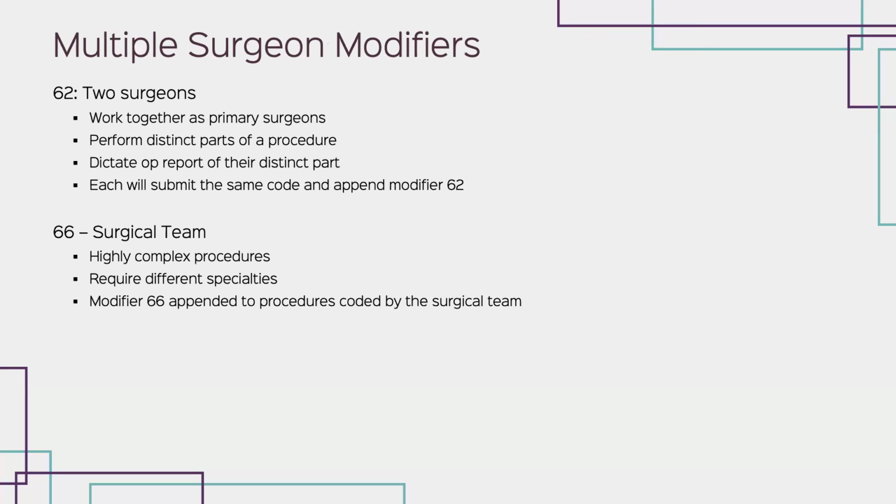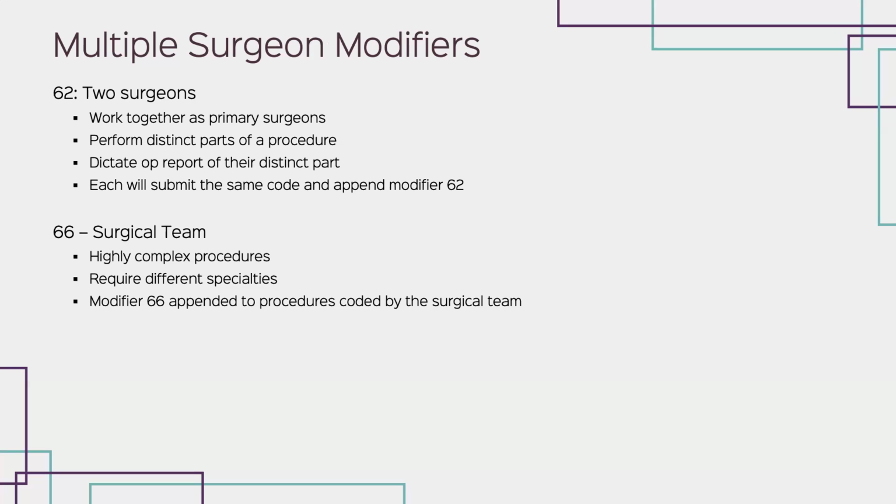We've got some modifiers that talk about when you have two surgeons and they work together during the procedure. They're going to each dictate their own operative report, submit the same CPT code, and each append a modifier 62, indicating that that procedure did take two surgeons. And then your 66 is going to be for a surgical team.